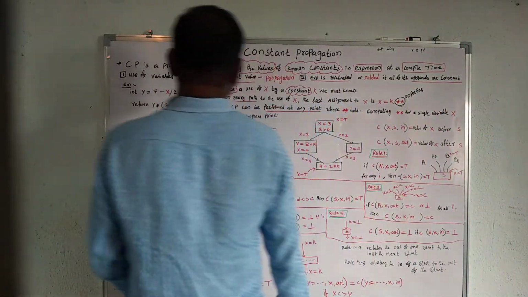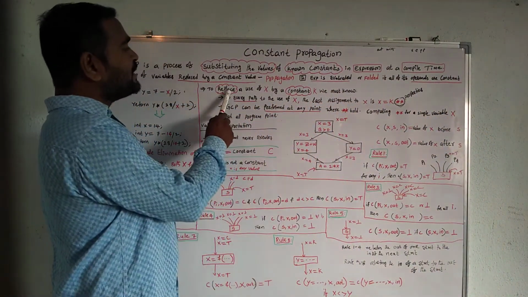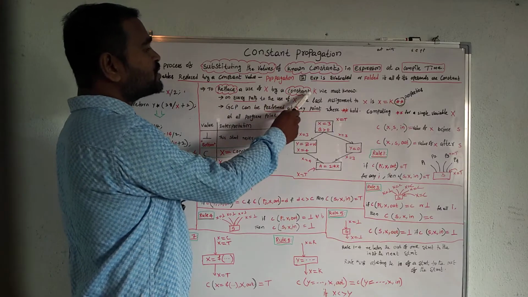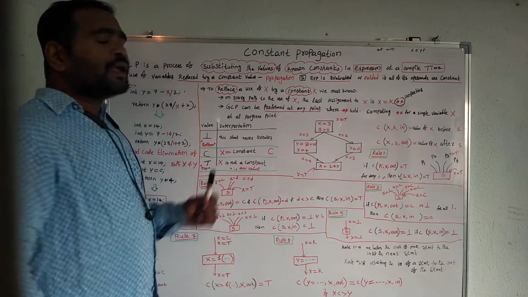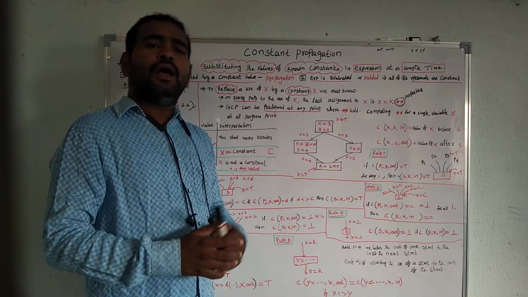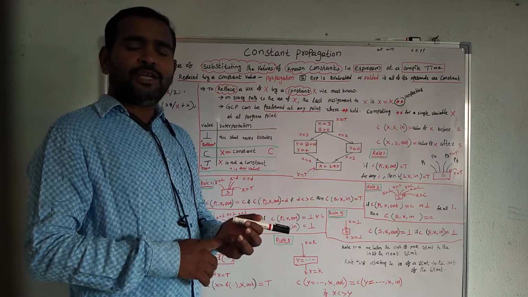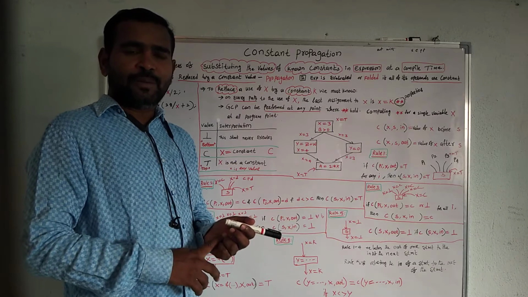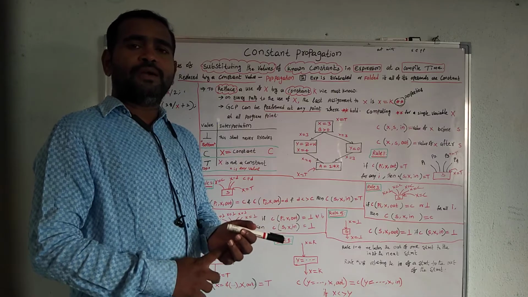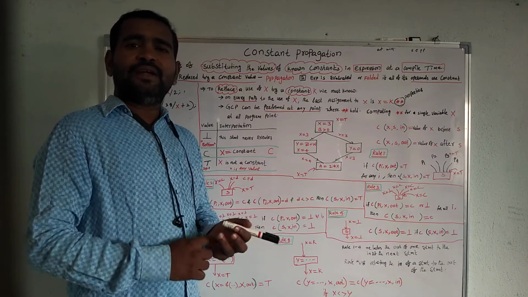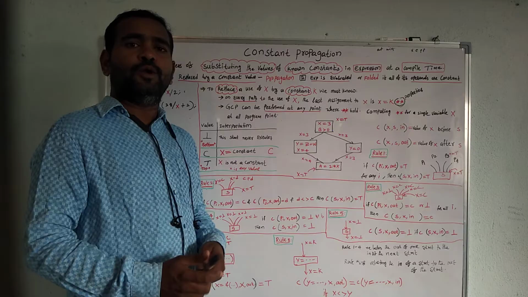In constant propagation, to replace a use of x by a constant k, we must know the following points. In our programming points, there are two-way decision making statements or multi-way decision making statements. In two-way decision making statements we have two paths, and in multi-way decision making statements there are multiple paths.